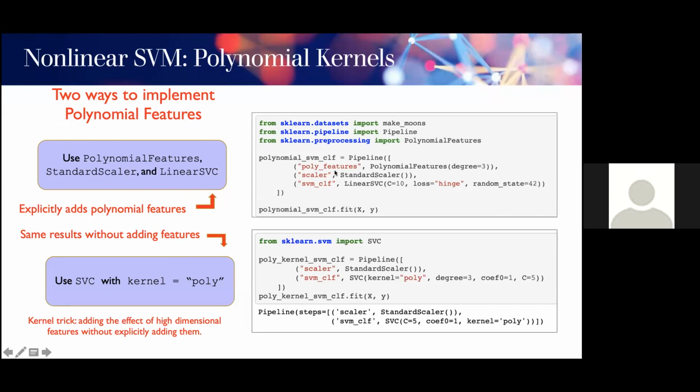One is to do it externally, like literally explicitly project your space into the polynomial features, into the higher-dimensional polynomial space, use the standard scaler, and then do a linear SVC. Another way to do it is to use the SVC with kernel poly and specify the degree as 3.